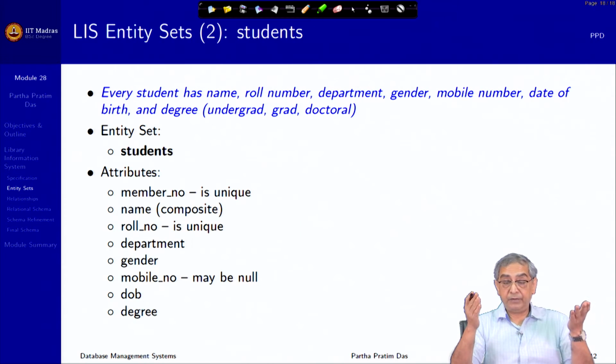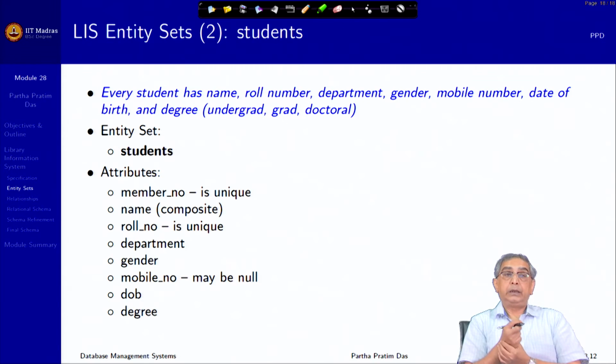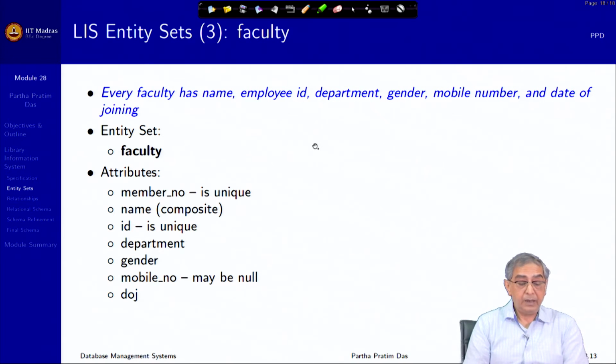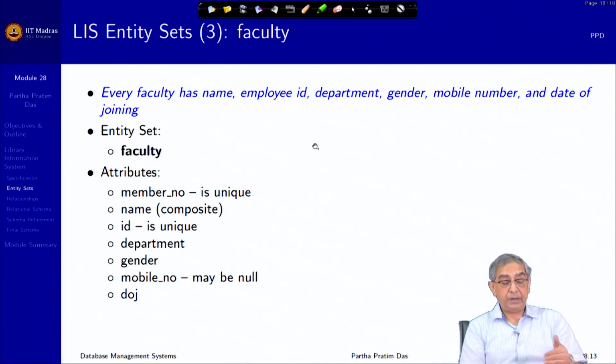A student will have a unique roll number. That is what you are noting. And naturally, being a member of this library, you will have a unique member number. So, that is also another key. So, it has two keys. Similarly, faculty will have member number as unique and ID as unique.